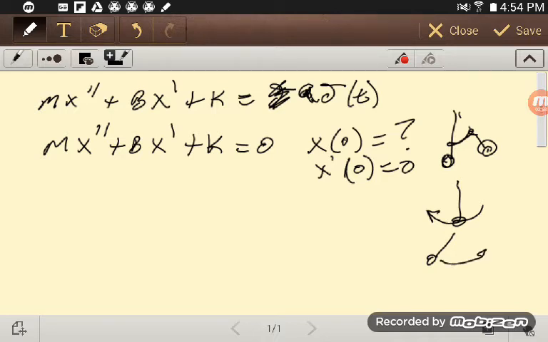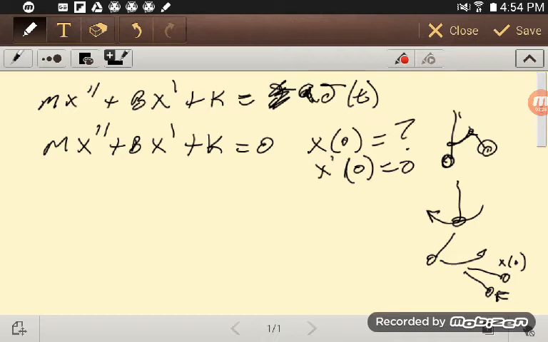But if it's damped, then when it gets back to here, it should be lower than x of 0. So you can figure out when is that time t, the time at which it maxes out.